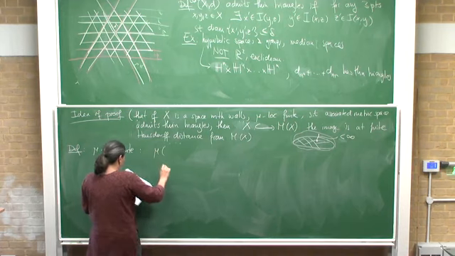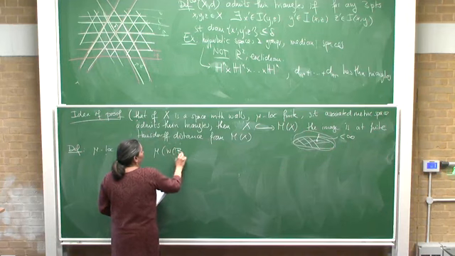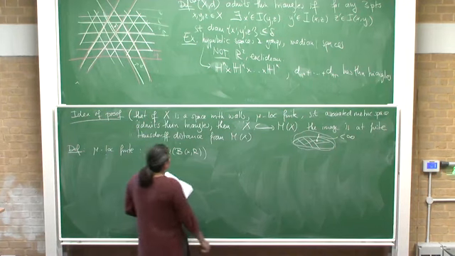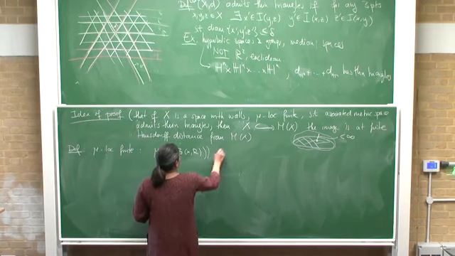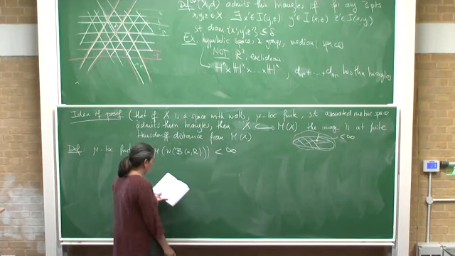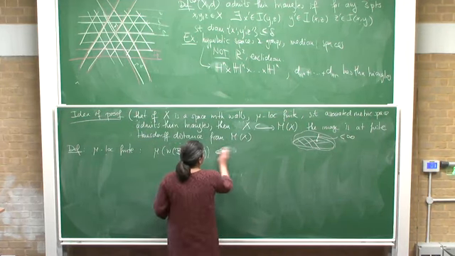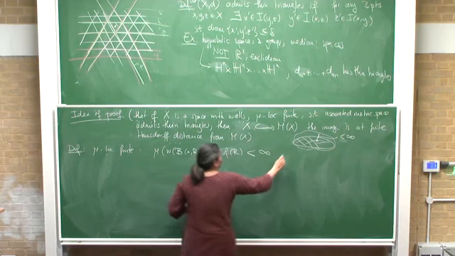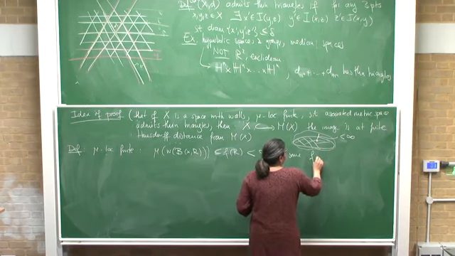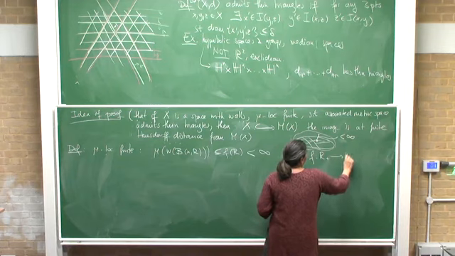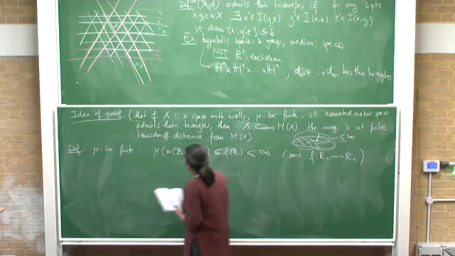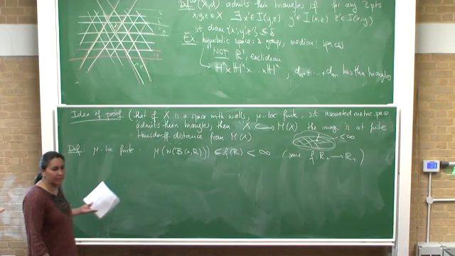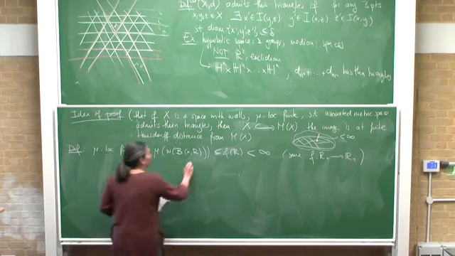It means that the measure of the walls intersecting a ball of radius r is finite, actually bounded by some constant. Uniformly locally finite, exactly. So independent of the center.